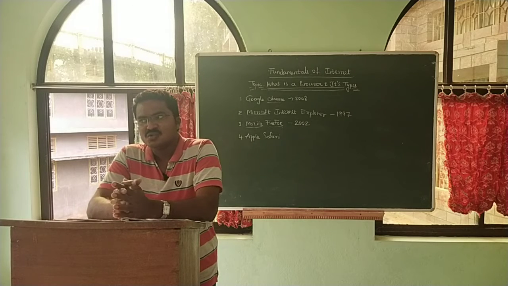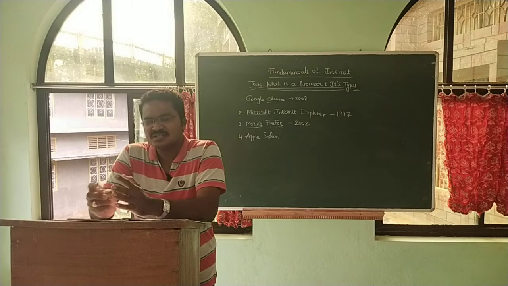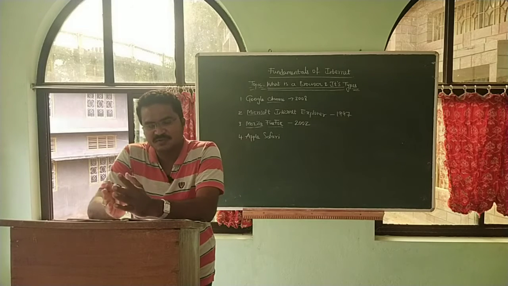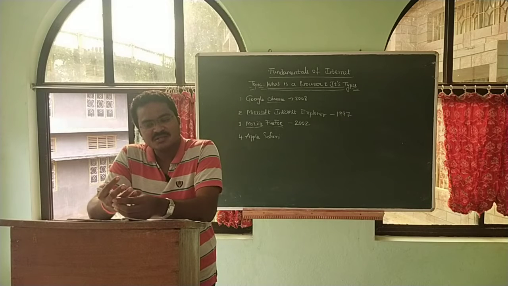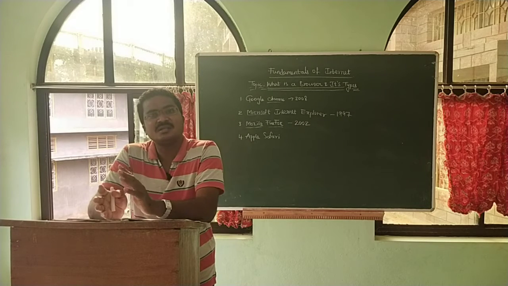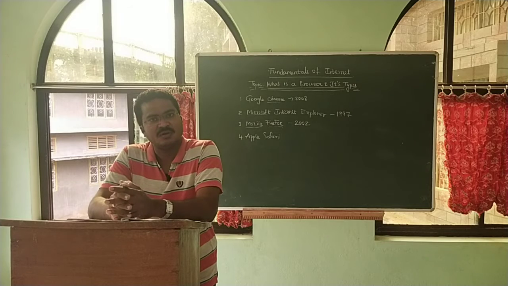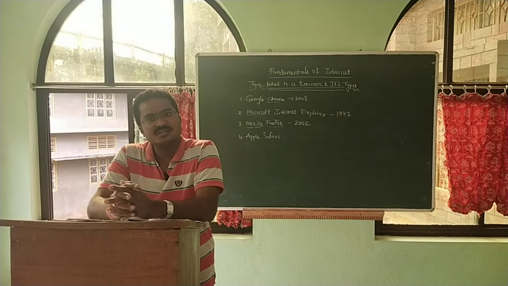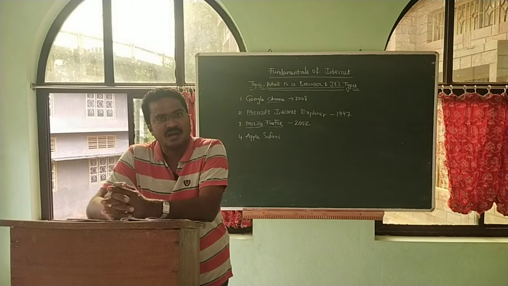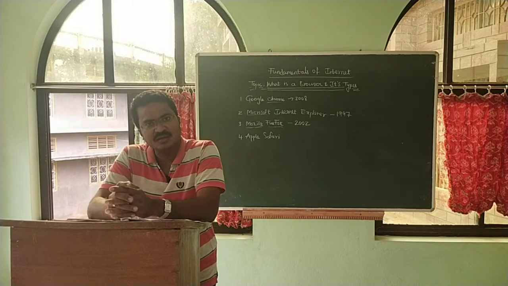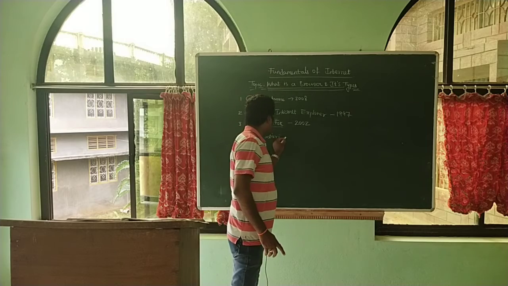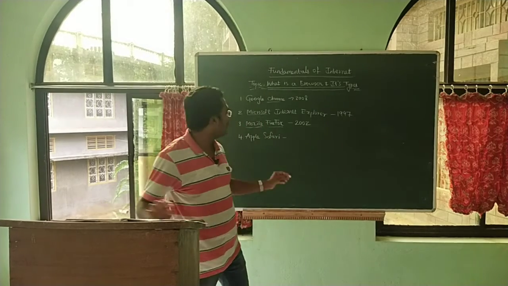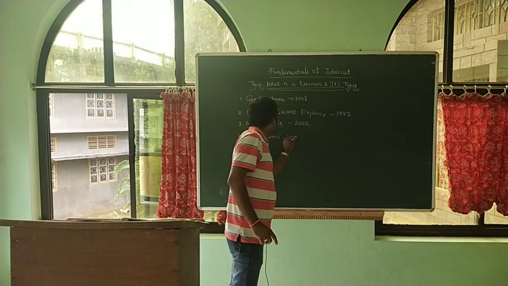Anyway, iPhones are actually a different platform, and a different platform means the operating is a little bit difficult. Why? Because the operating system is different in iPhone. The iPhone operating system is actually Apple. Apple is the name of the company actually. So Apple Safari was originally introduced in the year 2003.